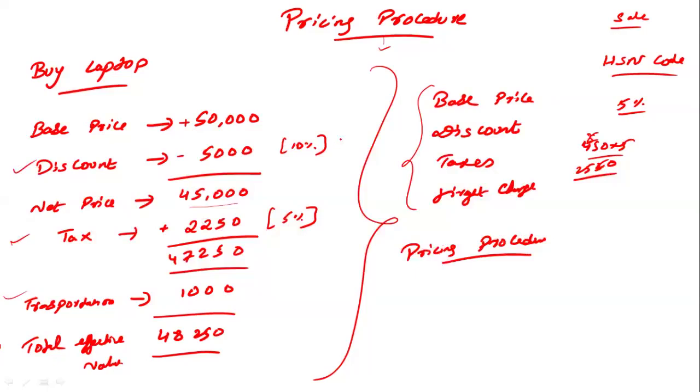And if you want the value also to be fixed, that can also be done. Per day you're going to create approximately 200 to 300 purchase orders. If you're creating so many, you cannot keep on calculating on your own and entering the values there. So to make this automated, we are going to have the pricing procedures.